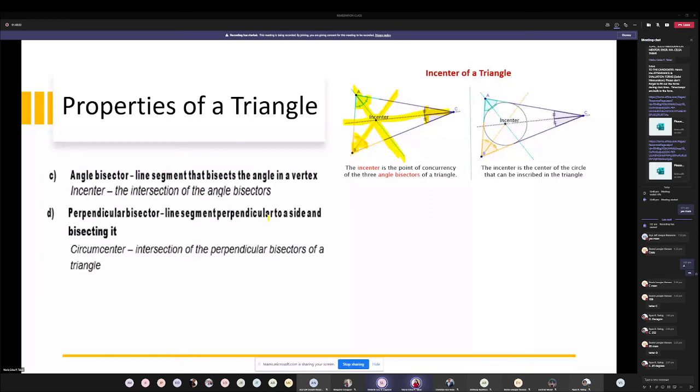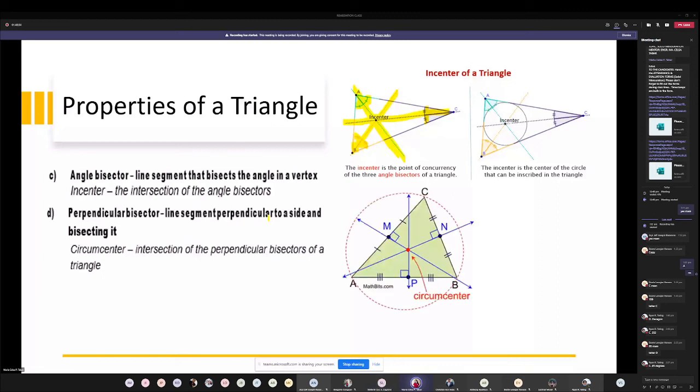Example for this one: let's say I choose this side AB. Its perpendicular bisector is this line here, the vertical one.